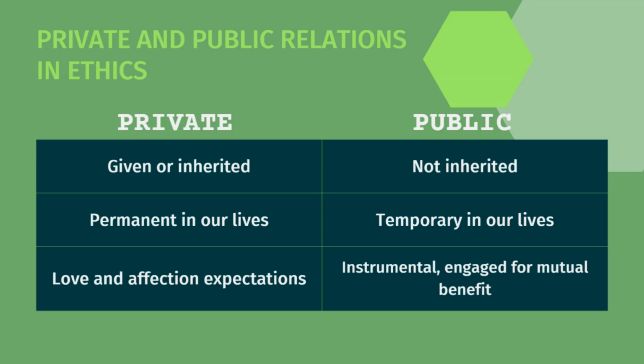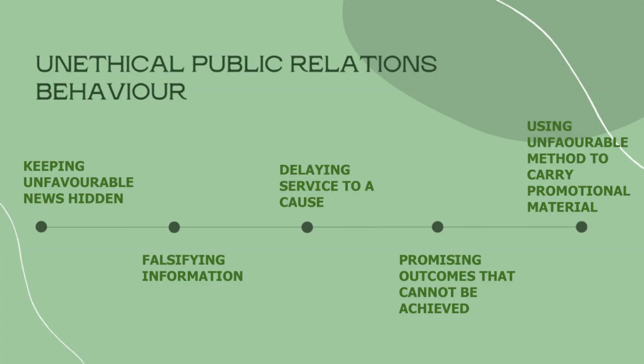And there are many reasons why public relations are important, and some of the unethical public relations behavior includes keeping unfavorable news hidden, falsifying information, delaying service to a cause in order to serve a different interest, promising outcomes that can't be achieved, and using an unfavorable method to compel editors to carry promotional materials.